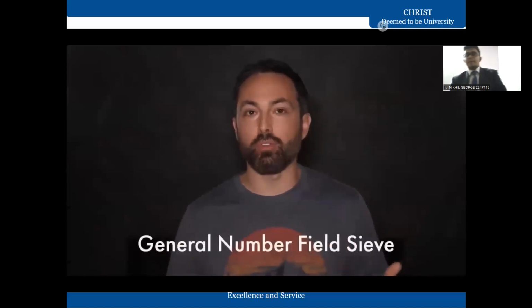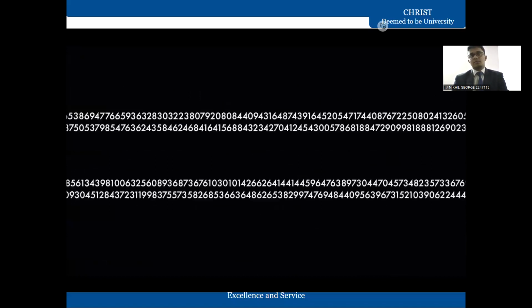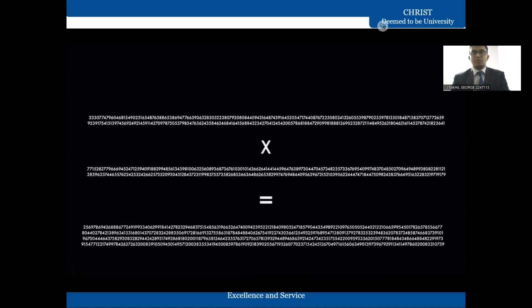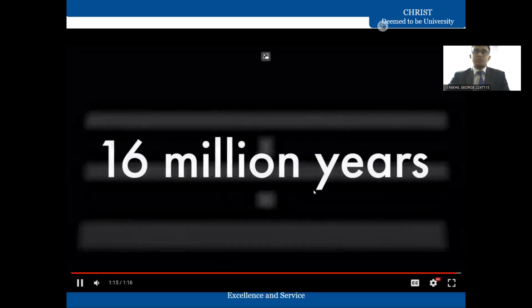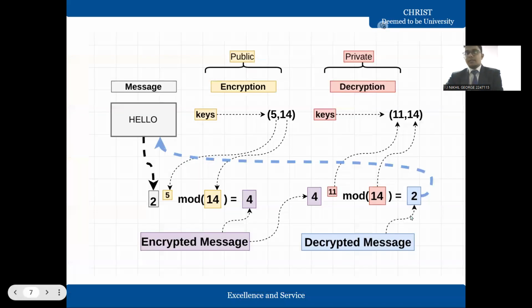Someone could try to factor it using a supercomputer and the best-known factoring algorithm, the general number field sieve, but modern cryptography uses prime numbers around 313 digits long. Factoring a product of two primes this big, even with a supercomputer, would take around 16 million years. But not for quantum computing. We'll go deep into that later on.